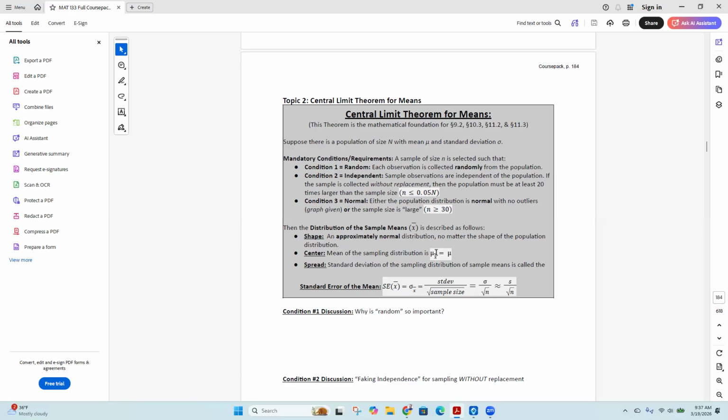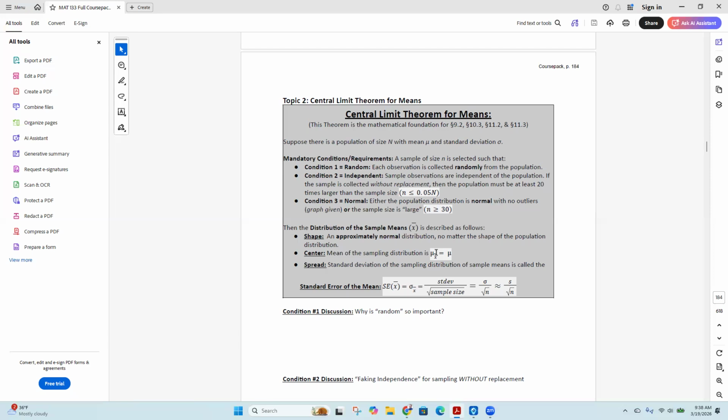In other words, the mean is the mean. So whatever the population mean is, when you take a bunch of samples, you can use those samples to approximate what the population mean is.